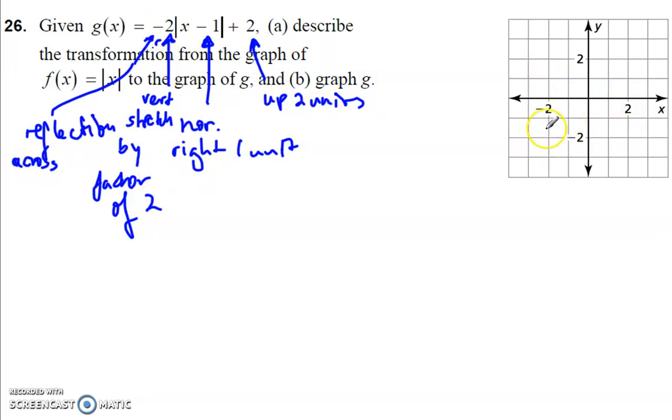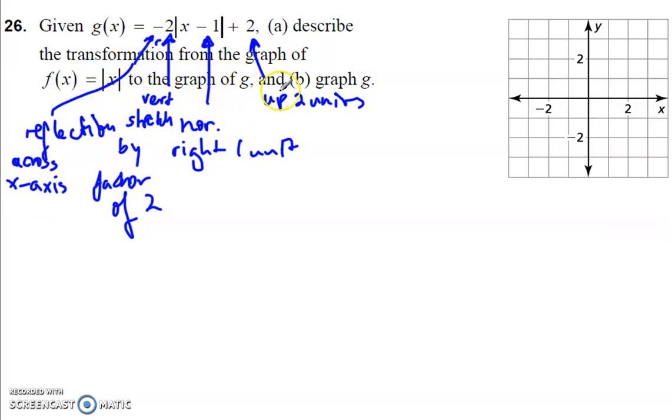Vertical reflection, so it goes up and down, which means it goes across the x-axis. All right, that's all the transformations. Up 2 units, right 1 unit, vertical stretch by a factor of 2, and reflection across the x-axis.